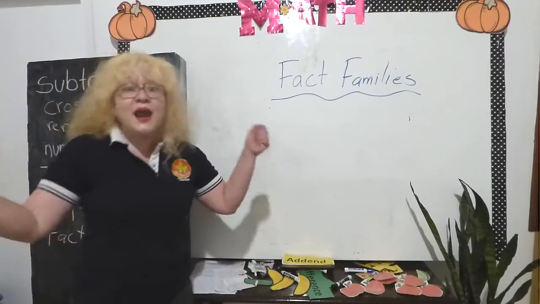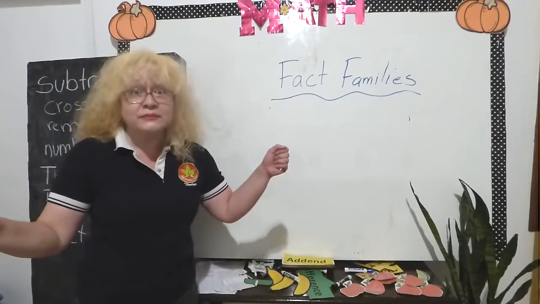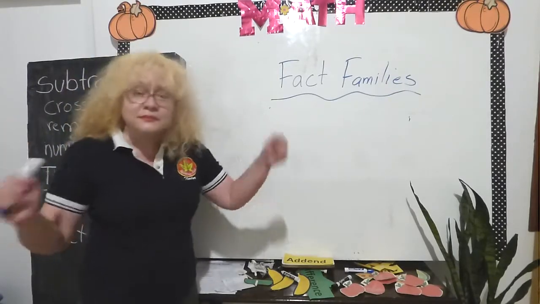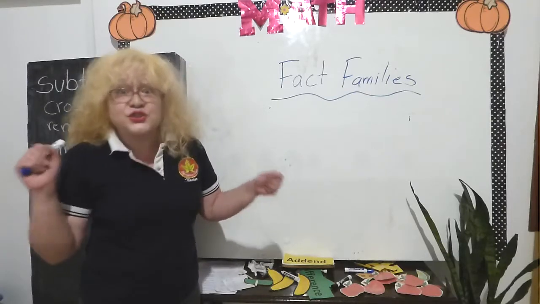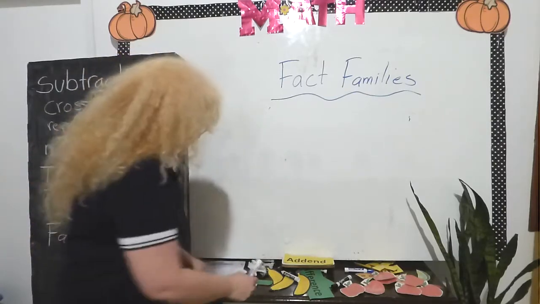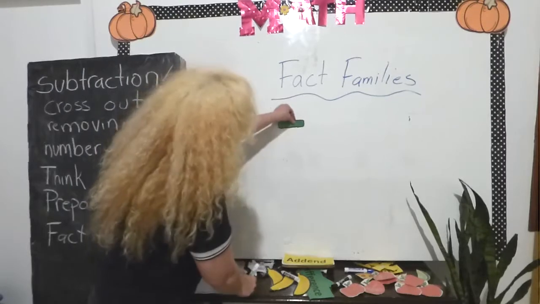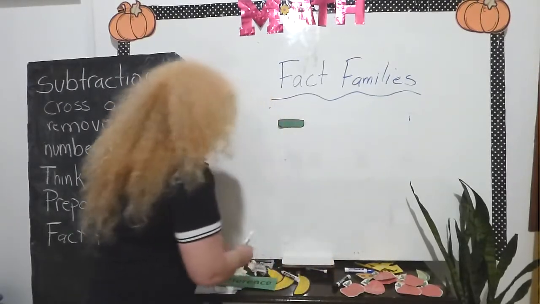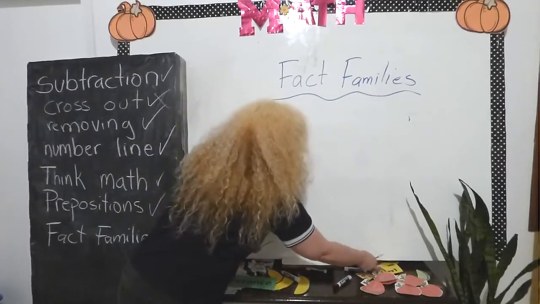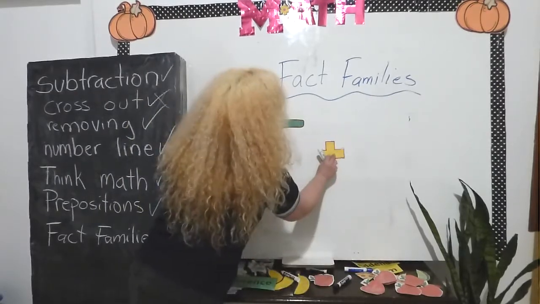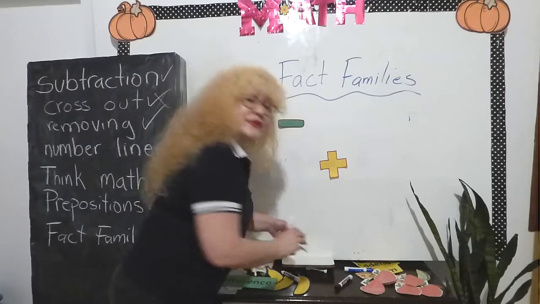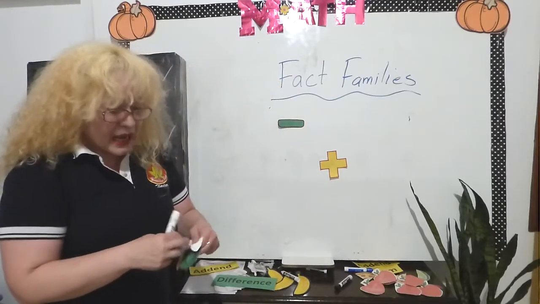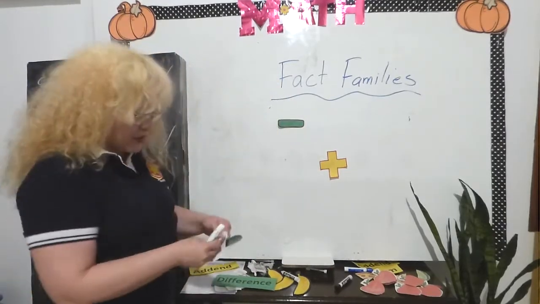Like, we are family. I got all my sisters and me. Okay. Addition and subtraction are family. They are linked together.